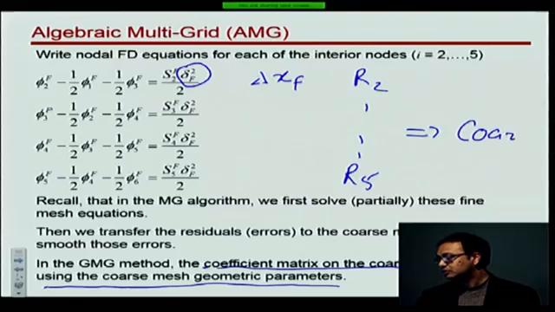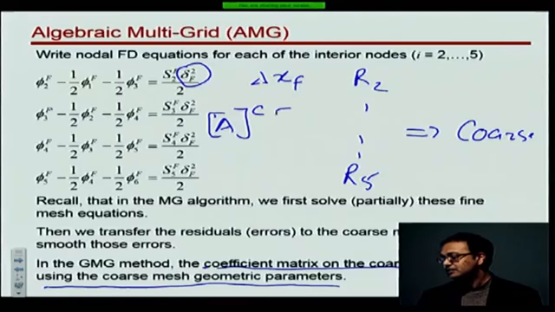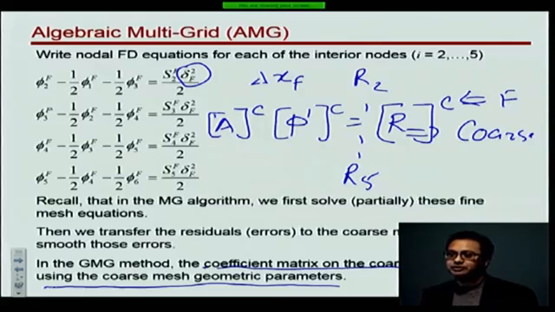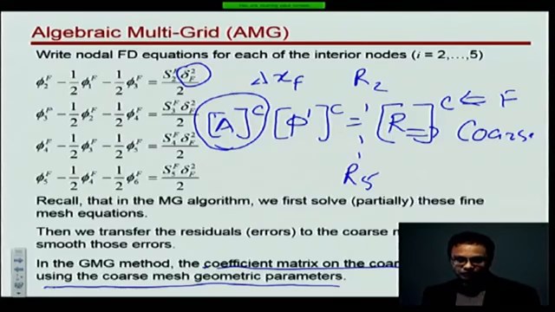If you go back to the geometric multigrid algorithm, we solved AC times phi prime C is equal to R on the coarse mesh, which we got by transfer from the fine mesh. This is what we did at the coarse mesh level. This matrix here came out of the fact that we used the coarse mesh.